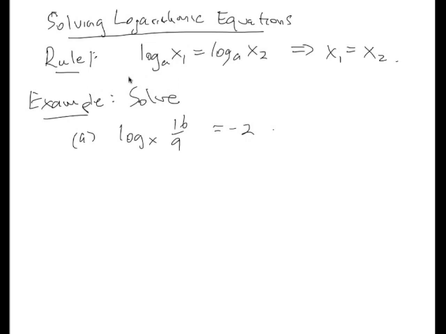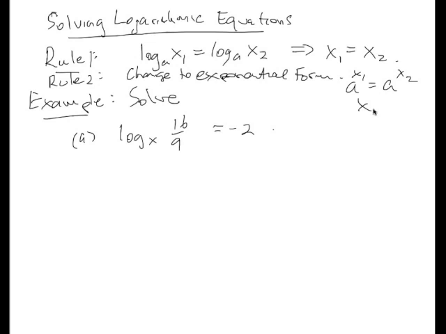Now, if we can't do that, then what we do is rule 2, change to exponential form. So these are the two rules that we're going to look at. Because remember that if I have a to the x1 equals a to the x2, then certainly x1 equals x2 again. So notice that these are really very much the same rule, just written in log or exponential form.